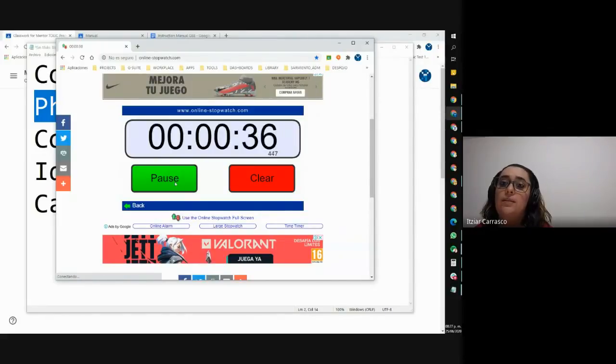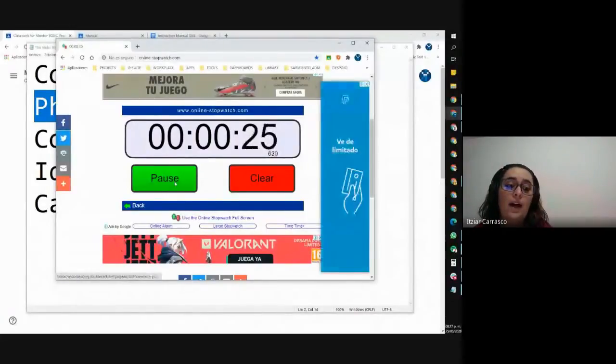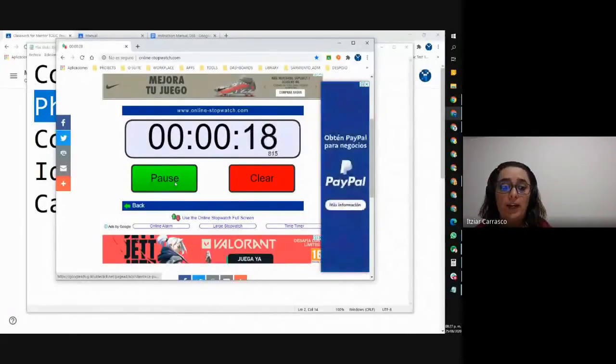So sometimes it's important to know the combination of the words, what is the meaning. For example, we have the word answer. The meaning of answer in Spanish is responder. But if we combine the word like answer back, the meaning is very different.